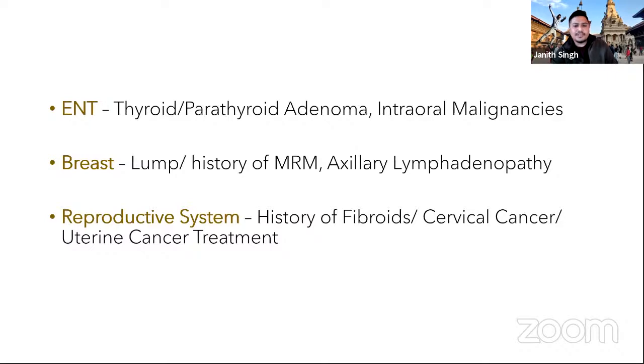Similarly, in reproductive system, if they have a history of fibroids or cervical cancer or uterine cancer that has been treated, it's important to be in the know, because you might have instances in which you do a biopsy of a bony lesion which looks lytic and comes out to be leiomyosarcoma.